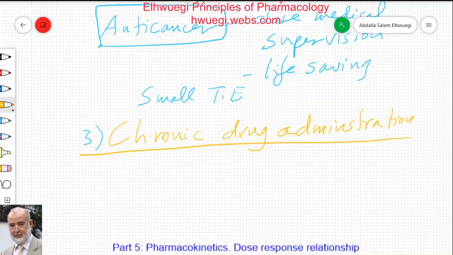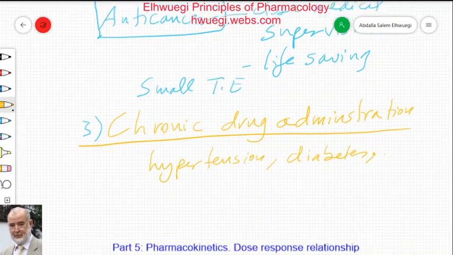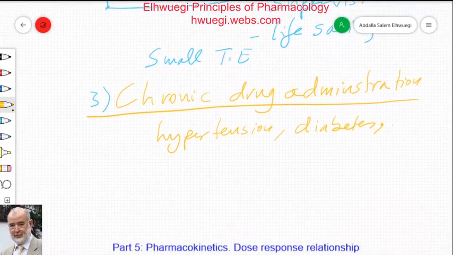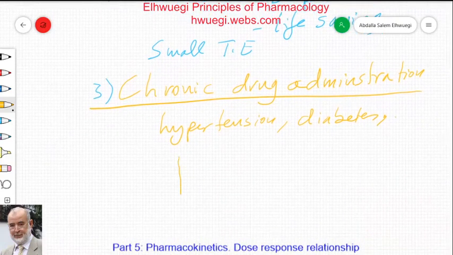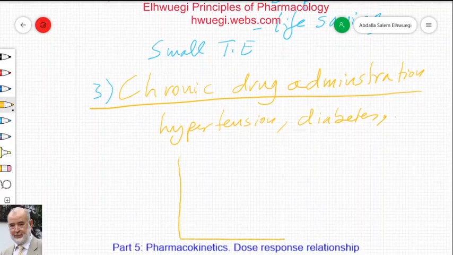But suppose I'm taking a drug for a chronic disease like hypertension, like diabetes mellitus, any chronic use. In this case, we need to keep the drug in high concentration in the blood for a longer period of time.